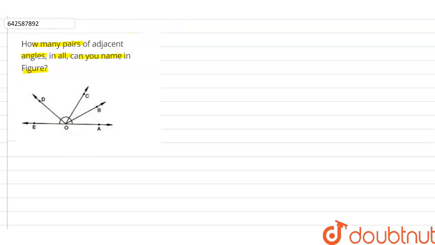Suppose we have two angles like this. Let this angle be theta 1 and this angle be theta 2.